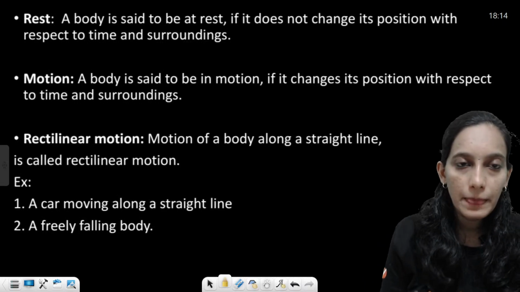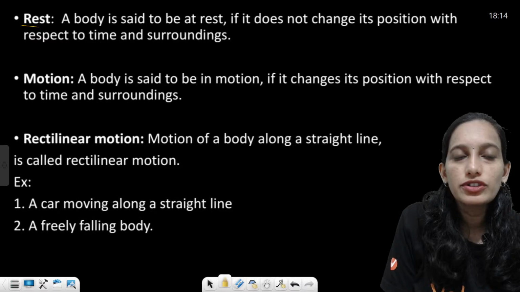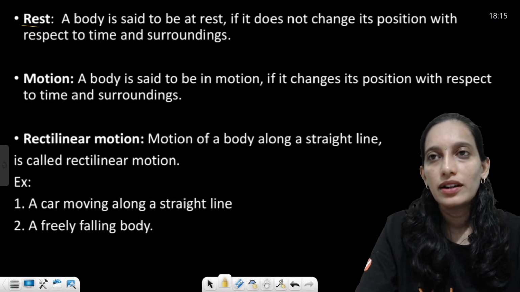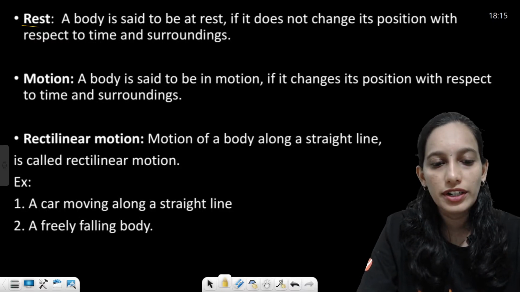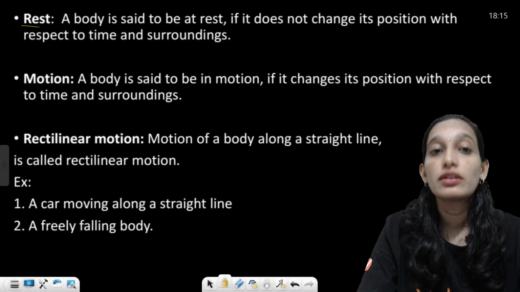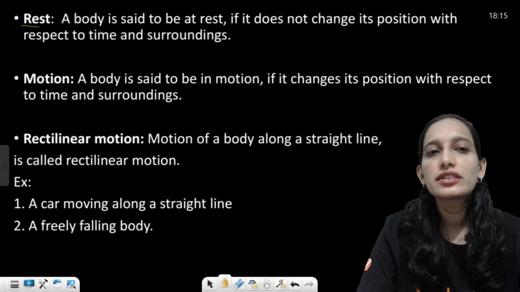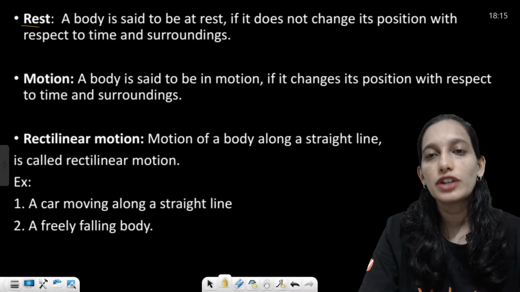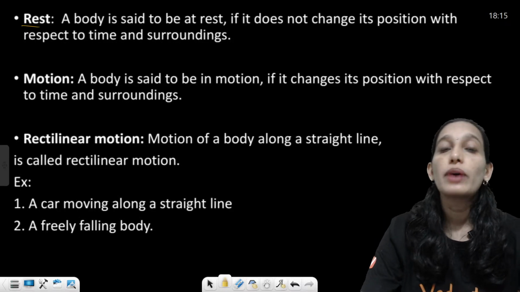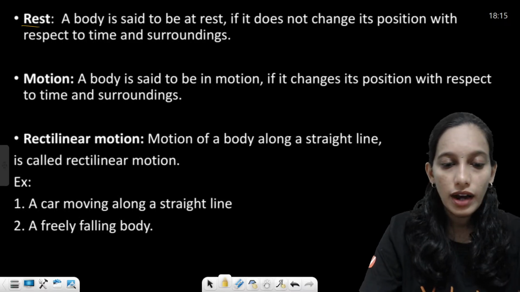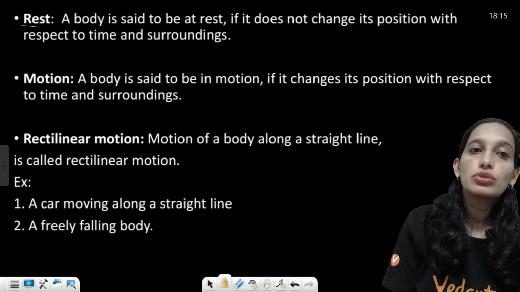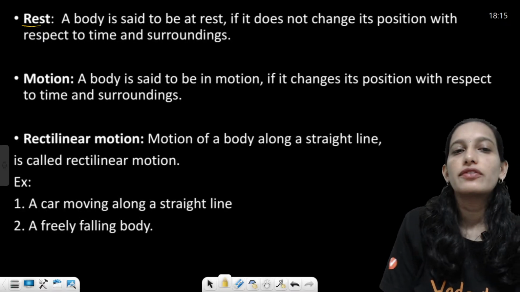So what we are trying to define is, as we said, we are interested to study motion of an object in one dimension. So we should be able to distinguish between rest and motion. I should be able to mention when some object is at rest and when some object is in motion. So how can we define rest?